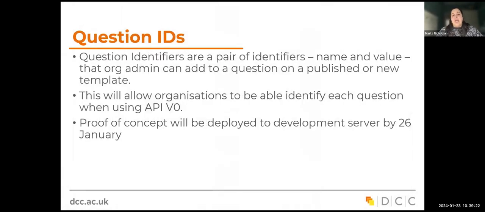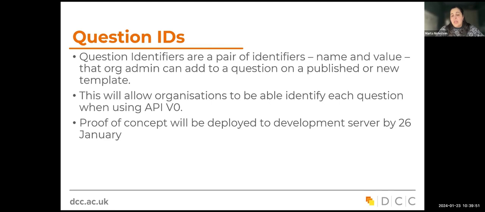So question IDs. This is me, and the idea behind this is to design identifiers that will allow org admins to integrate some additional information in the template that will then provide the API with additional mapping for extracting that question.